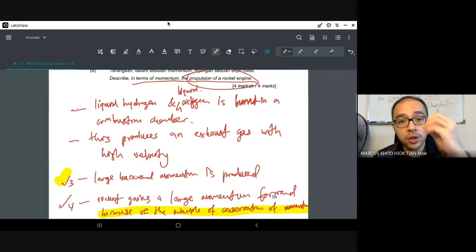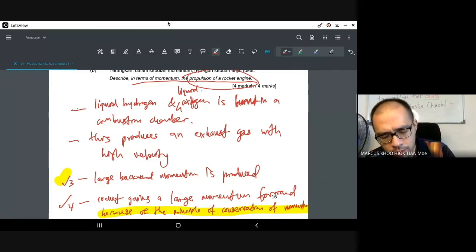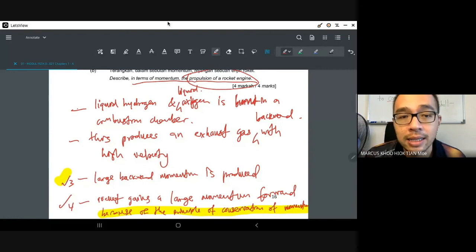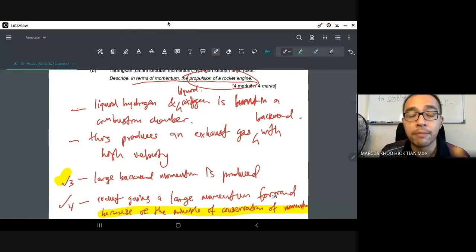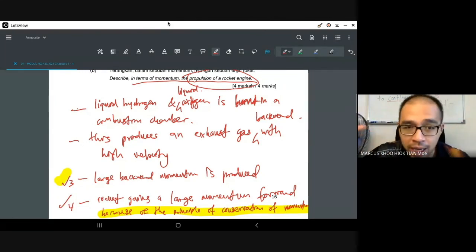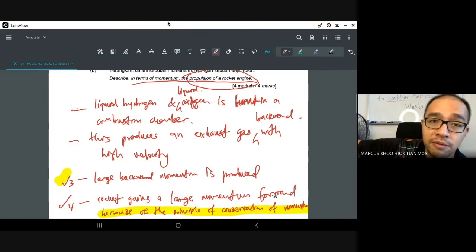And so the exhaust gas is produced backward. Just like the exhaust in your car, it is produced backwards, but because this is a rocket, it needs to be produced with high velocity. It is really like an explosion. When the liquid hydrogen and liquid oxygen burn, it produces a huge amount of gas that produces a velocity backwards.